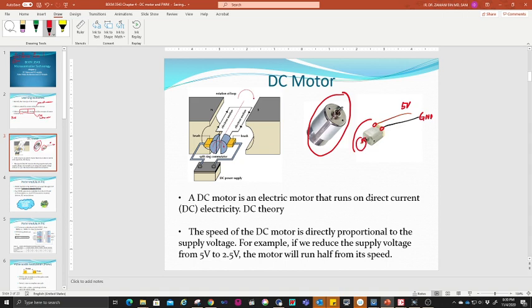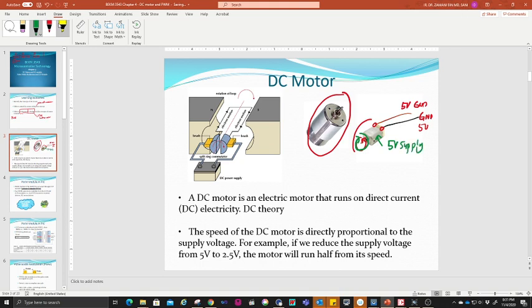If you swap the values, so that here is ground and the next one is 5 volt, the direction of the motor will turn the opposite way. It is very easy. As long as you give a power supply and ground, the motor will work, as long as the motor can work with only a 5 volt supply.